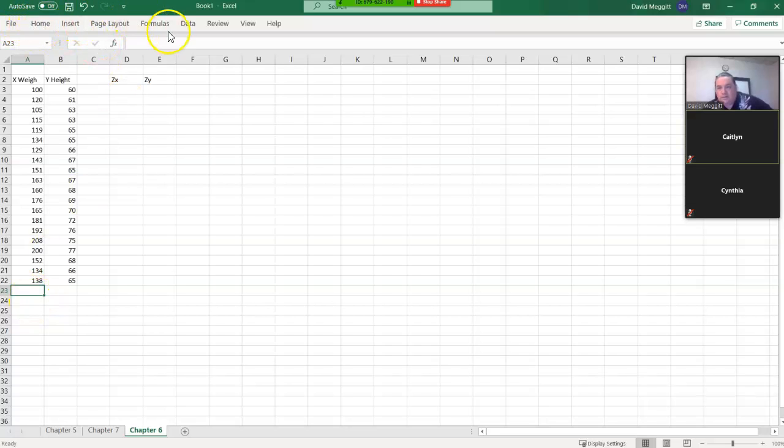Again, going to our formulas, we just get the sum of that and the sum of that. And then we get how many is that? 22 minus 3, 19.